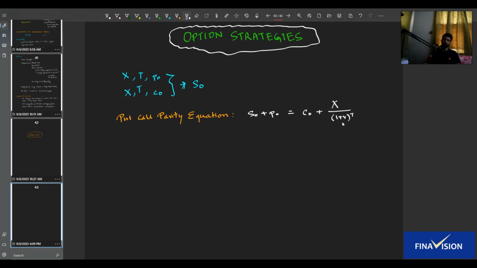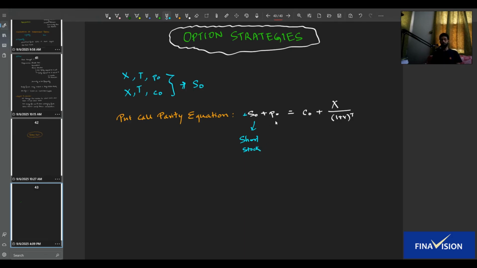Here R is the risk-free rate, right? So, how can we interpret this equation? One way is to take these variables as cash flows. There is a plus S0, which means there is a cash inflow equivalent to the price of the underlying. So we can interpret this as shorting of the stock or shorting of the underlying.